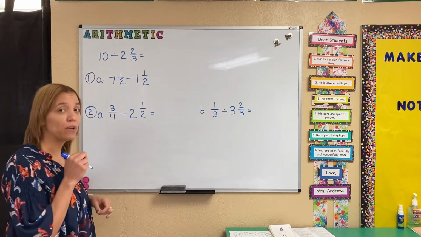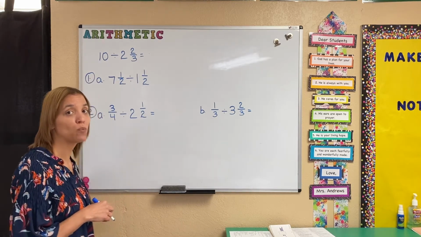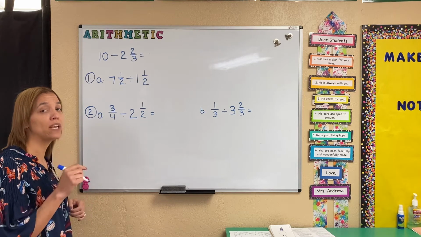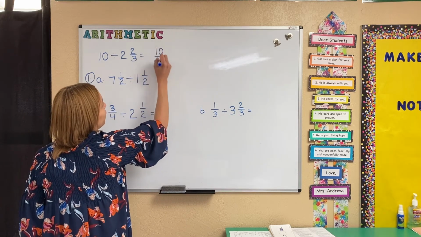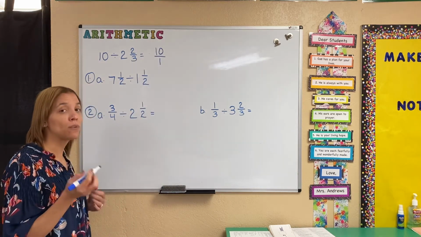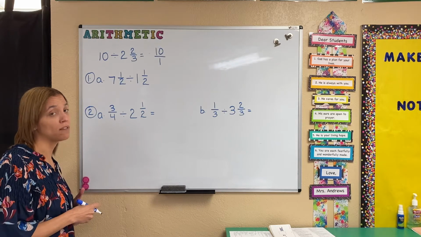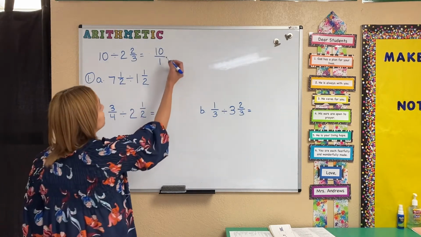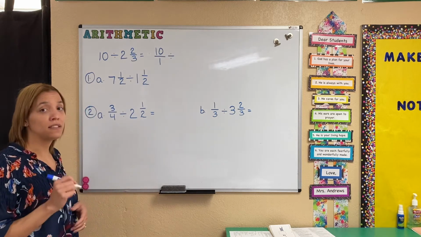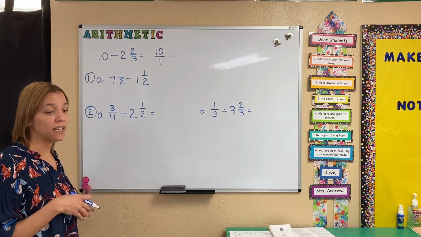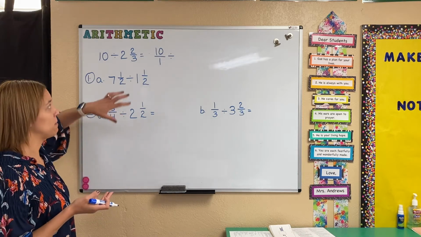The first thing that we want to do is make the whole number an improper fraction, and we do that by putting it over 1. So we have 10 over 1. All this is review from the previous lessons. So 10 over 1 divided by, and this is where we take the mixed number and make it into an improper fraction.